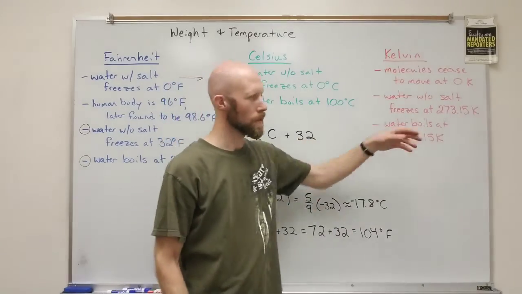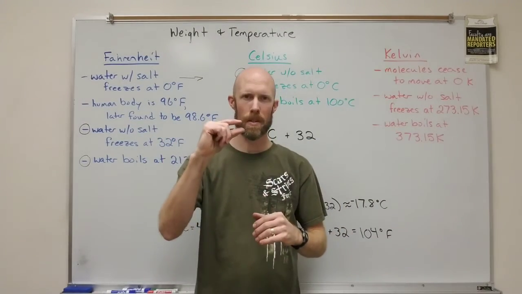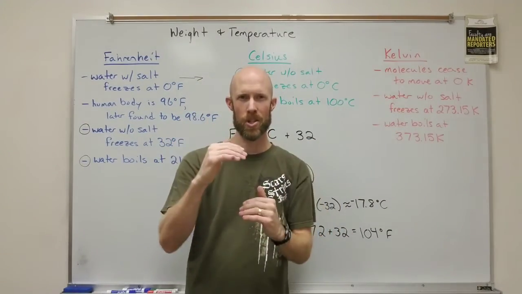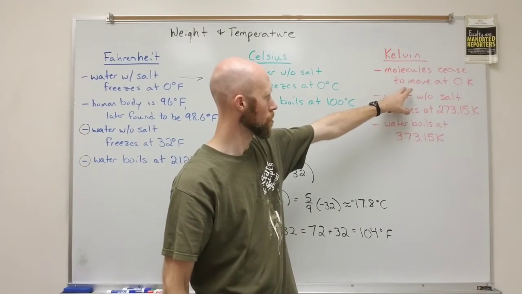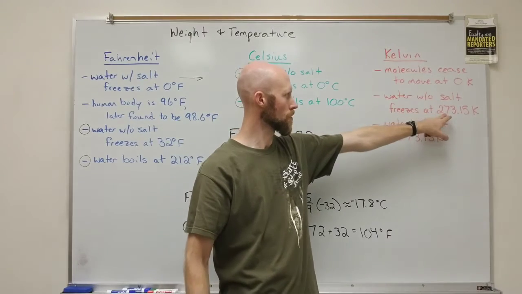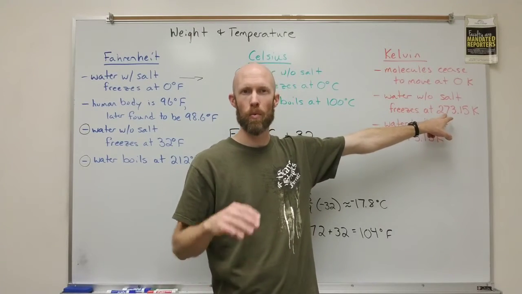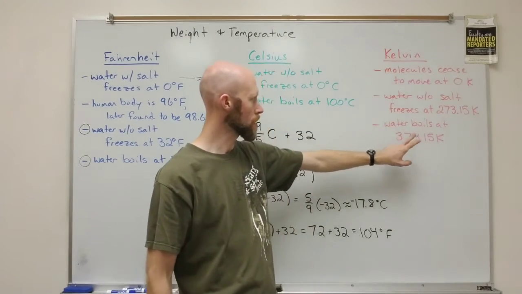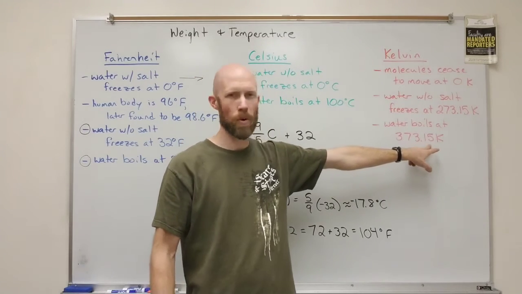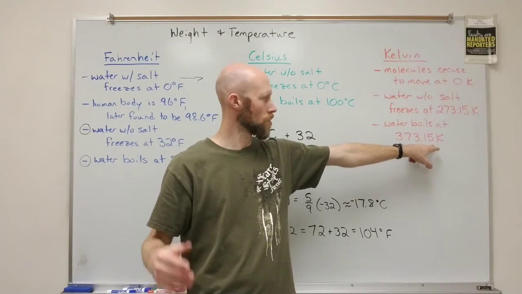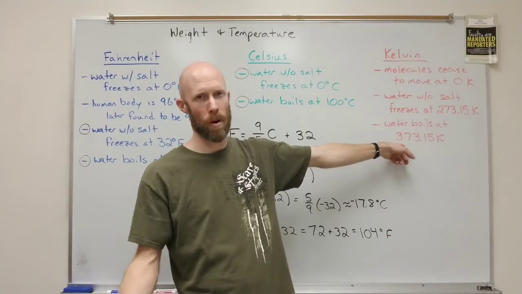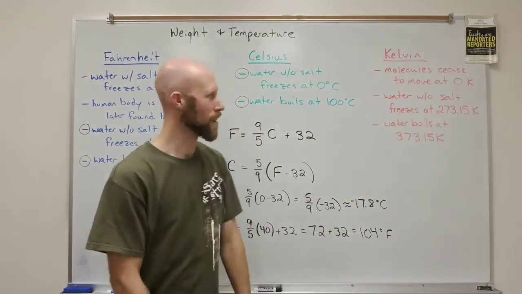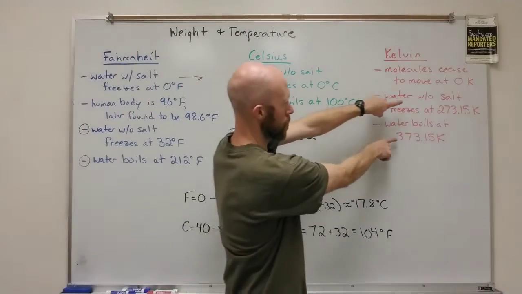And so basically, if you just slide the scale, keep the divisions the same, but just slide it down to the appropriate value, 0 is where molecules cease, 273.15 is where water freezes, and 373.15 is where water boils. Okay, so it's just 100 degrees more, right? 100 degrees more, 100 degrees more there, 100 degrees more there.